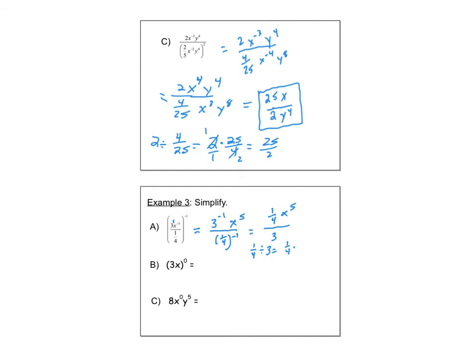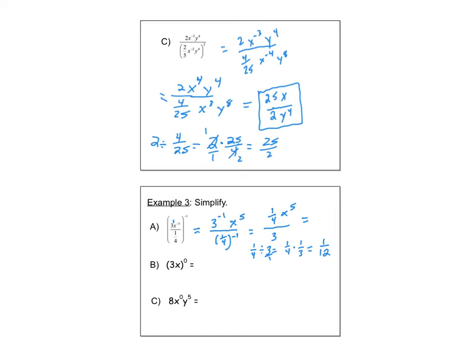What's the reciprocal of 3? Well, you just flip it so it becomes 1/3. Then over multiplication, you multiply your numerators, multiply your denominators. So really we get 1x to the 5th divided by 12.